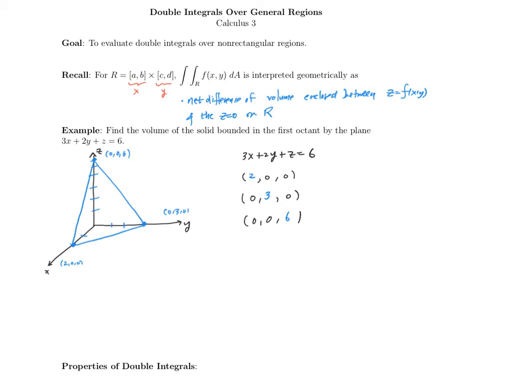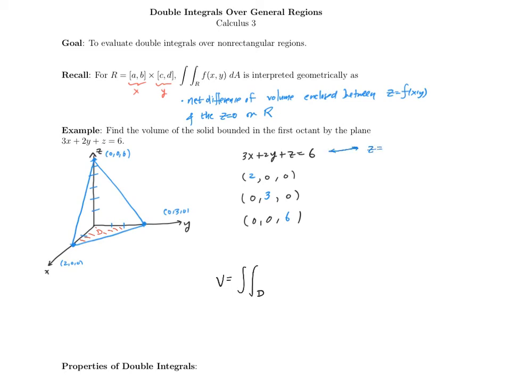Now, if we're going to think about finding the volume of this, what we need to do is go back to our interpretation that a double integral is giving us a net difference of some enclosed volume. And in this case, I'm going to shade this region in the xy plane and note that the volume would be the double integral over that region D, and what we need to integrate is the surface given by our function of two variables.